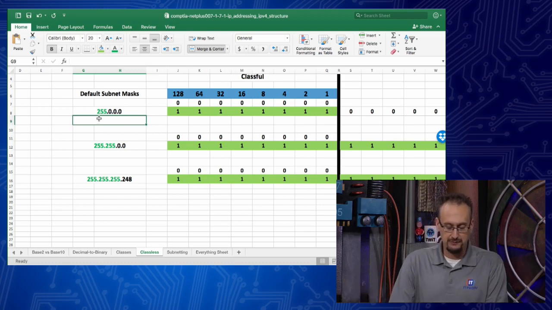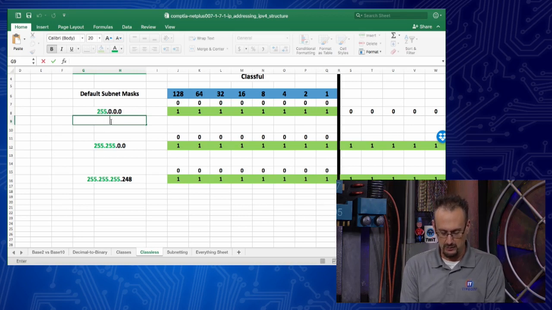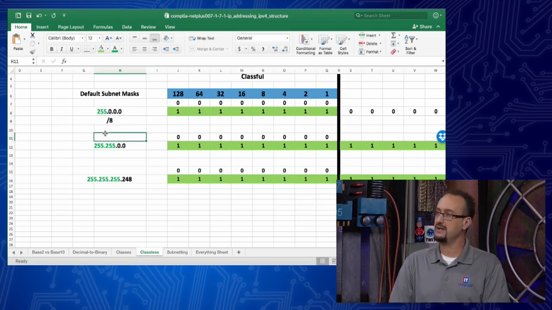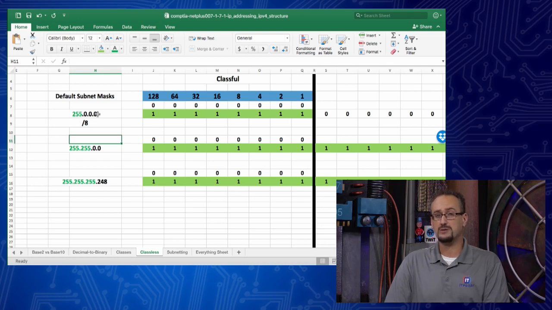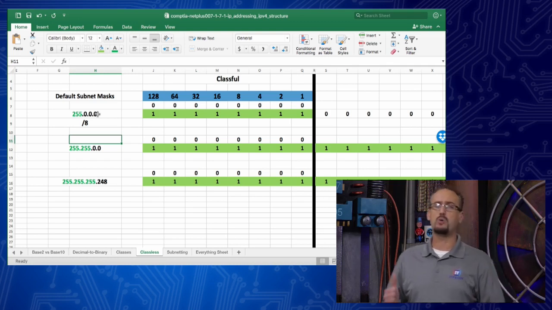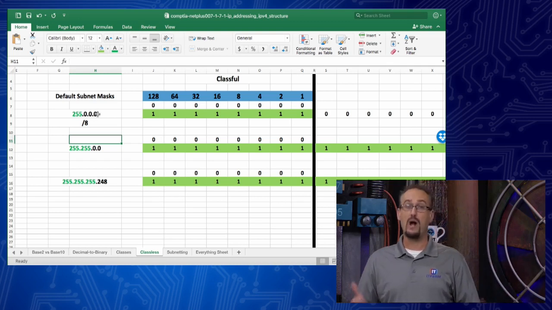So rather than say 255.0.0.0, we could do a /8. Now we're saying the same thing, 255.0.0.0, but we're writing it with CIDR notation. In CIDR notation, all we're doing is representing the number of 1 bits in the subnet mask rather than writing out the entire decimal value.